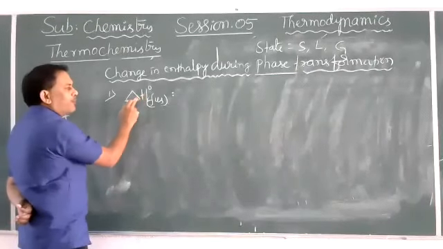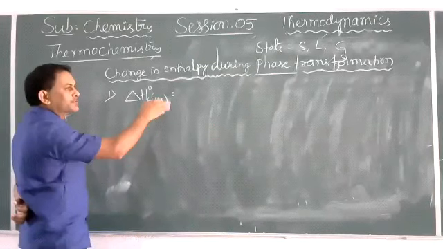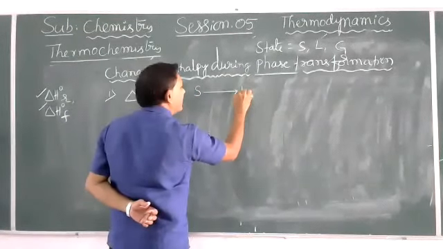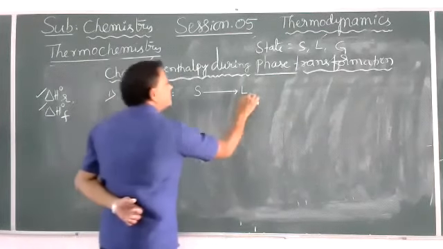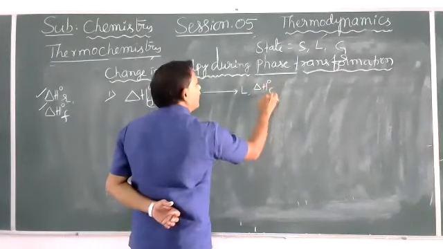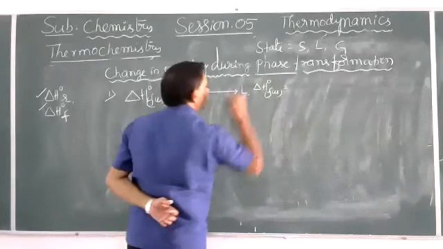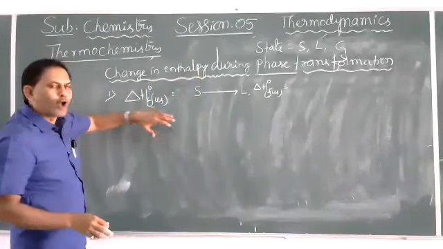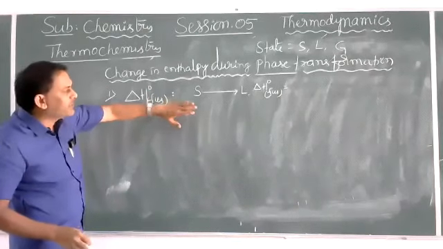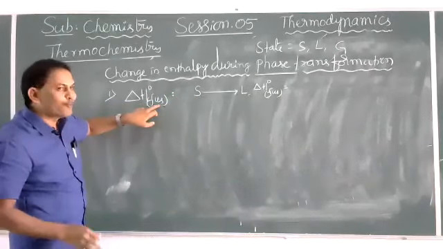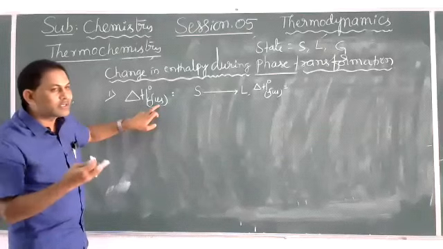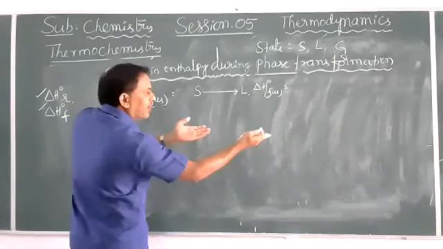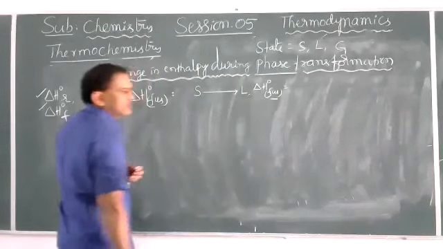The standard enthalpy of fusion is the change in enthalpy that occurs when a solid is converted into a liquid. There is some change, and that change is the enthalpy of fusion. That's all, the definition. This is for objective questions, no need to explain the definition, but based on this I'll create some problems. Enthalpy of fusion means a solid is converted into a liquid. While converting solid to liquid, there is some change in enthalpy, that is called fusion.